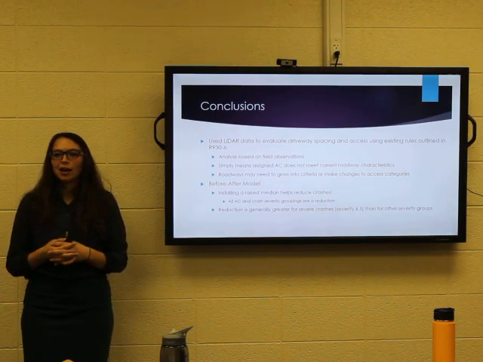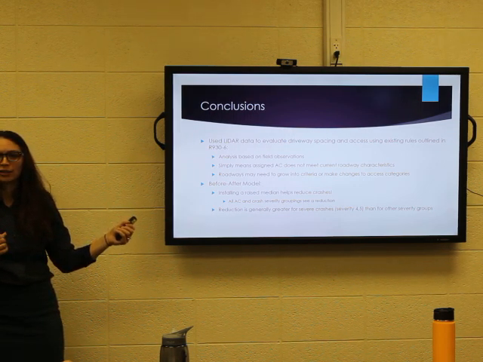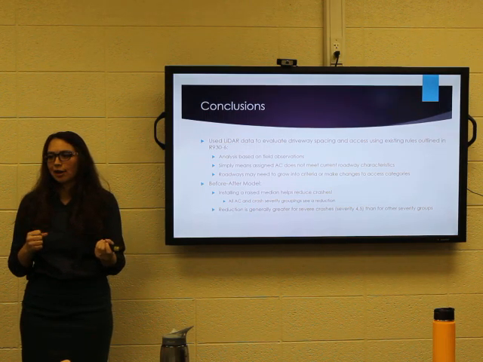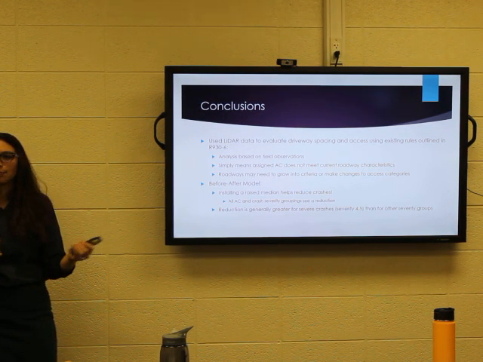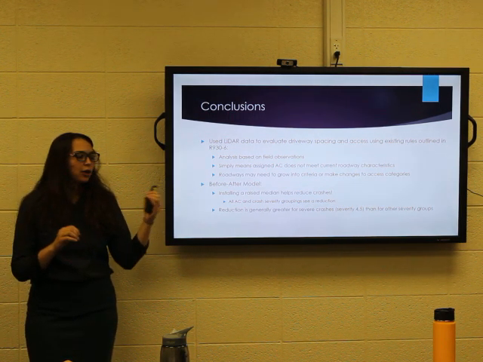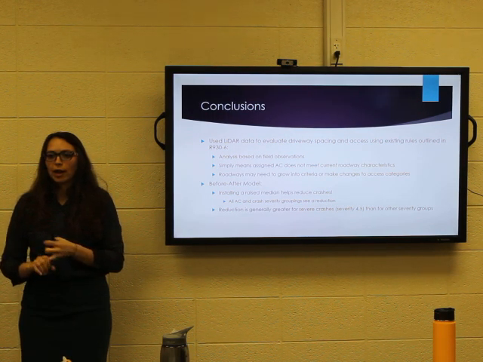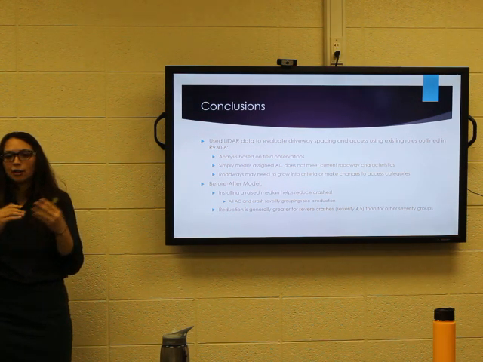So overall, I have used the LiDAR data to evaluate driveway and access using the existing access management guidelines in R930-6. I've been able to do an analysis based on field observations, and even though we found differences between the current access category and the current characteristics of the roadway, it simply means that there is a difference.